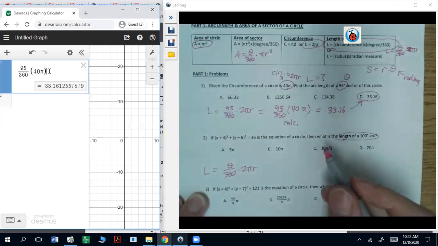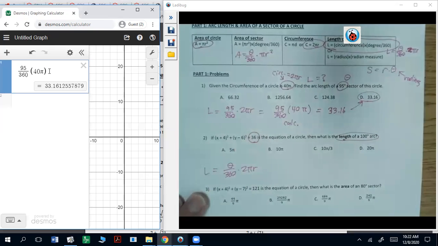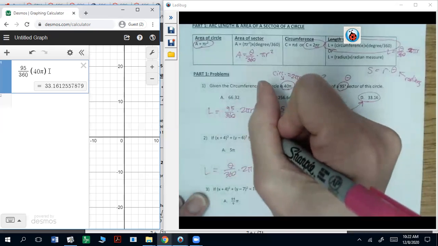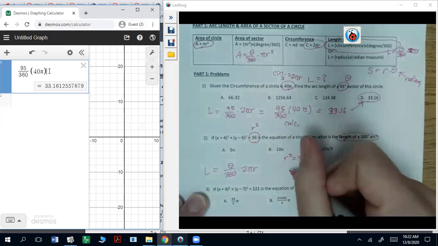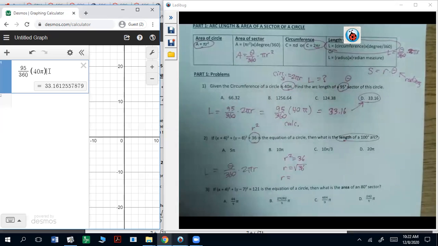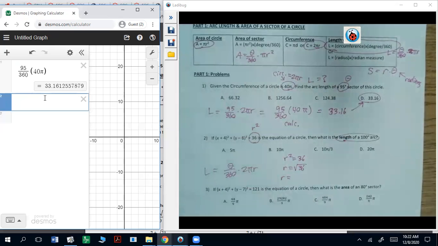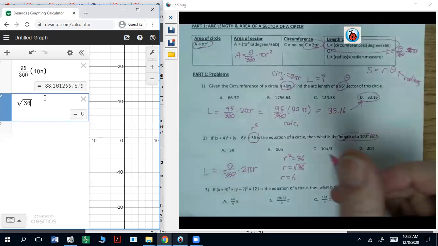When given the degree, we can plug in that, but we don't know the radius. But that number in a circle equation is your radius squared. So if I know that the radius squared is 36, then the radius is going to be the square root of 36. Square root of 36 is 6. We can verify that in a calculator. So we're going to plug that in along with the 100.